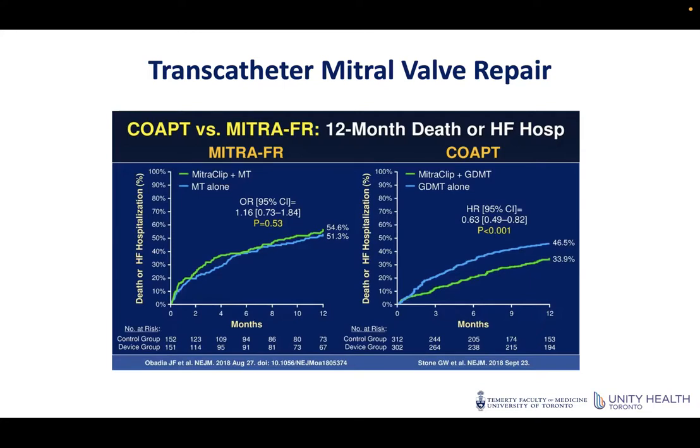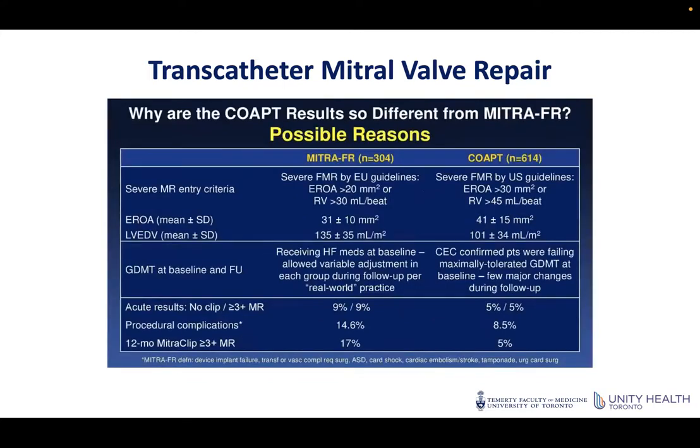It should be stressed that the most recent follow-ups of the COAPT trial continue to demonstrate the benefit of the MitraClip strategy over medical therapy alone. So it's not only 1 year, the follow-up is progressively getting longer.